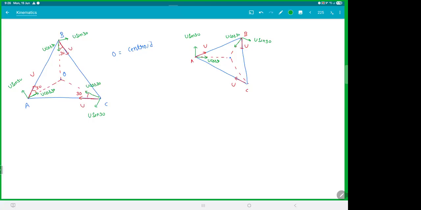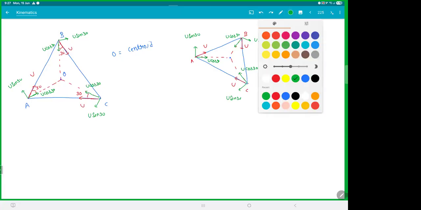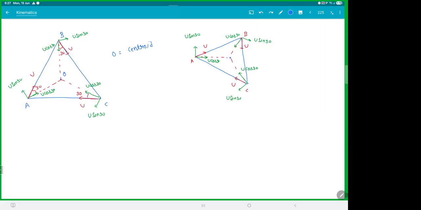No matter how much the triangle rotates, these particles are always going towards the centroid with u cos 30. So what are the u sin 30s doing here then? The u sin 30s are rotating the triangle, and the u cos 30s are shrinking the triangle. That u sin 30 part we will see in circular motion.